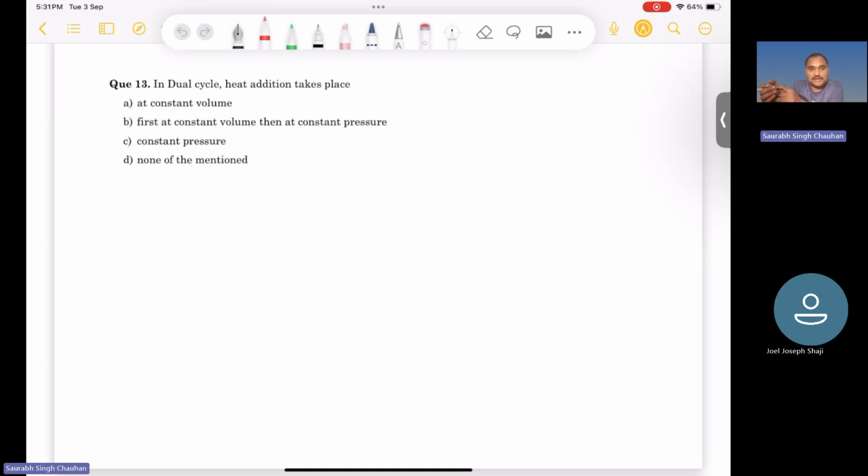In the Otto cycle, heat addition takes place at constant volume, and in the diesel cycle, at constant pressure. In the dual cycle, heat addition takes place both at constant pressure as well as at constant volume. So does the constant volume heat addition take place first, or the constant pressure heat addition? We will make the PV diagram, and it will become clear.